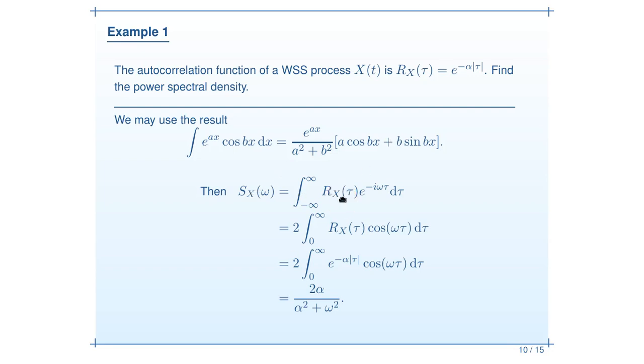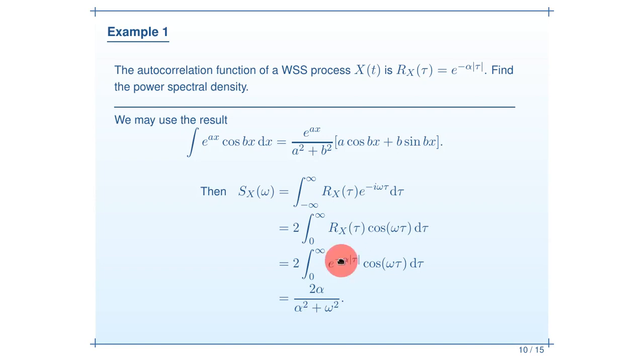This is the expression for power spectral density, as the Fourier transform of autocorrelation. But we have already seen that we can simplify it into this form without the imaginary part: 2 times the integral from 0 to infinity of this. Now Rx tau is e raised to minus alpha tau.